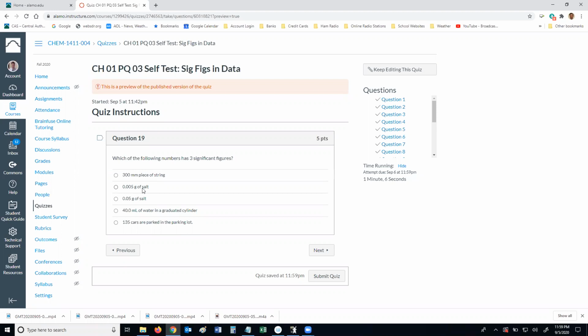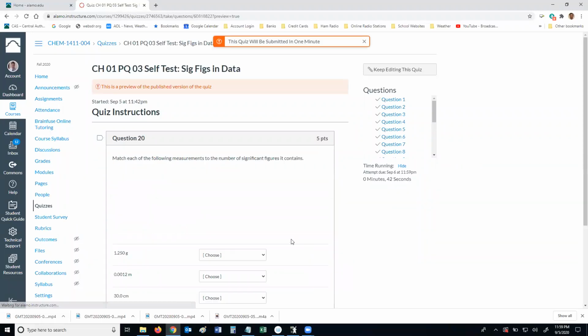That only has 1 significant figure, right? We're looking for 3. 0.05 grams of salt. That still has only 1 significant figure. 40 milliliters of water in a graduated cylinder. That does indeed have 3, and then 135 cars in a parking lot is infinite.